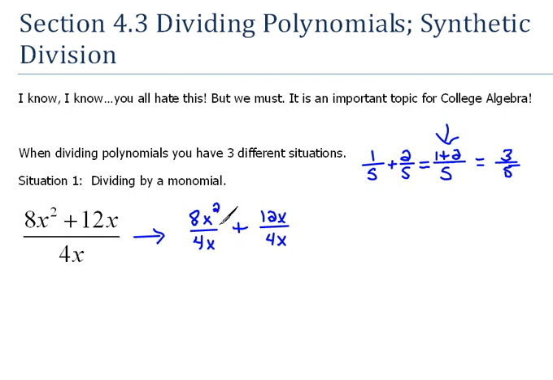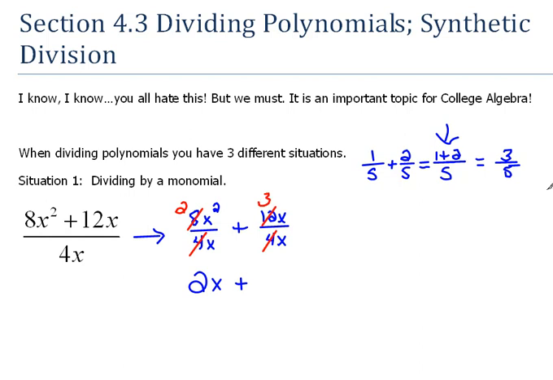In our first fraction, 4 will go into 8 2 times. And when we divide like bases, we subtract the exponents. So this becomes 2x, plus. Now here again, we work with the number parts first. So 4 will go into 12 3 times.